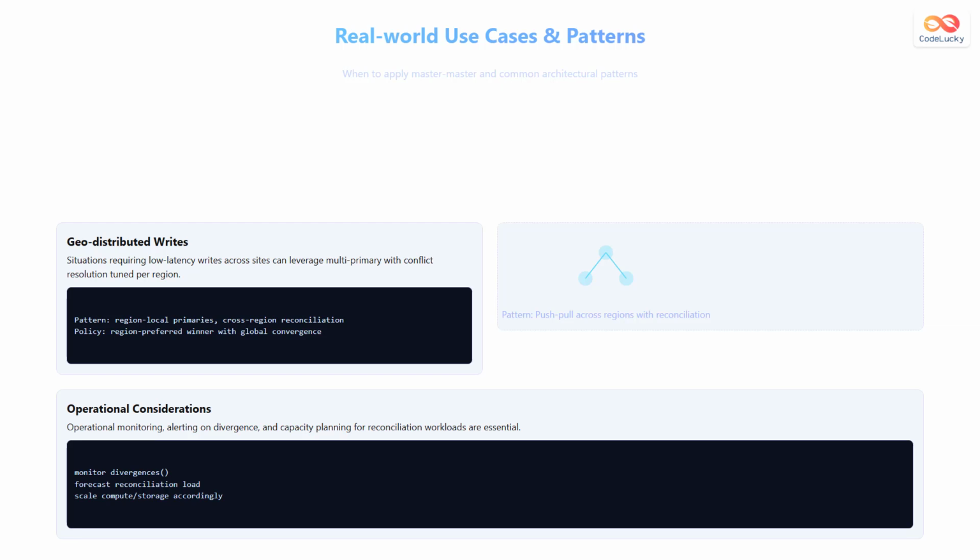Deterministic ordering, where operations are ordered consistently across all nodes, simplifies reconciliation. Event sourcing, storing the complete history of changes, enables nodes to replay events and reach agreement. Effective reconciliation is crucial for maintaining data integrity in multi-primary systems.